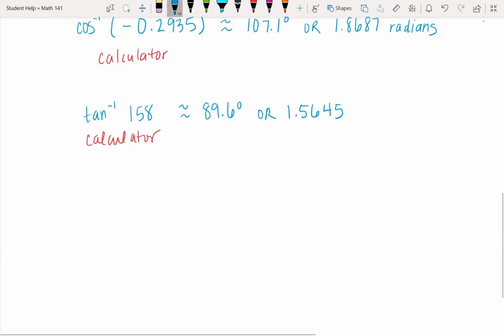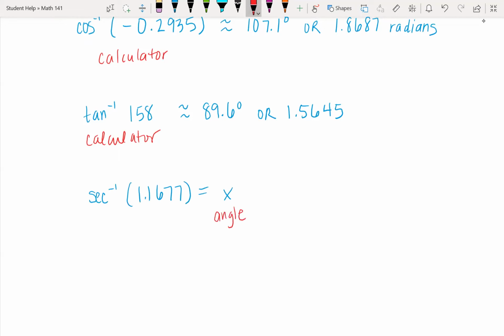For the next example, we're looking at the secant inverse of 1.1677. This is asking us what angle has a secant of 1.1677. Similar to one we had just a minute ago. They're asking us for the angle, and this is the value of the secant.